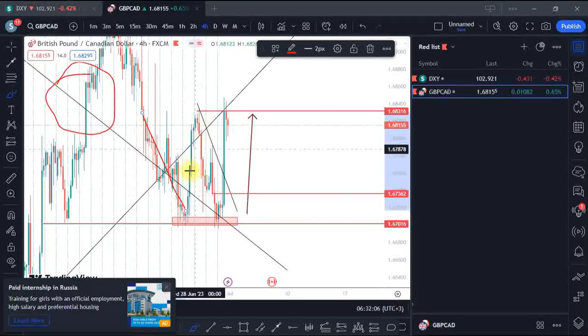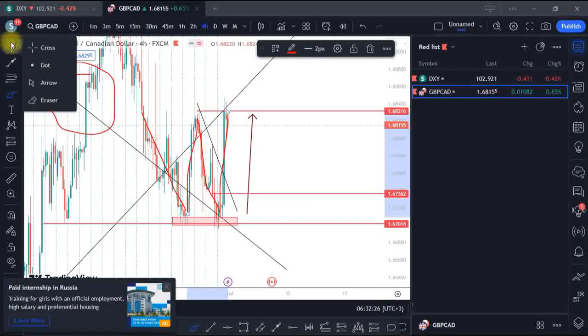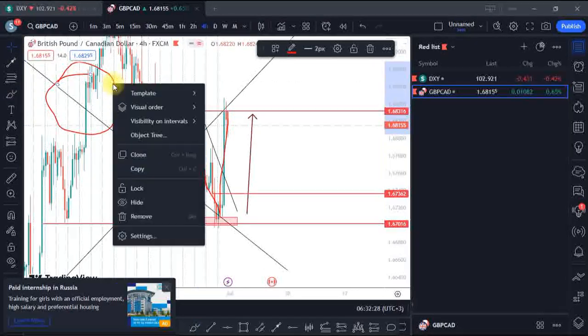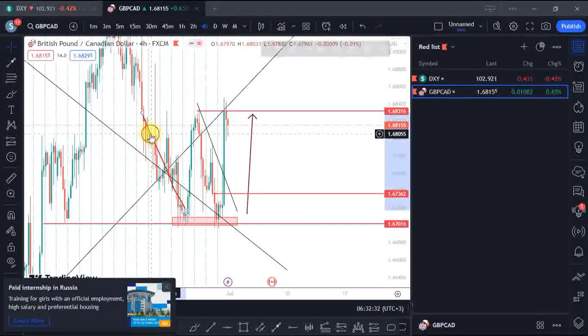So it was two major confirmations that were completed in the setup, and that's how I was able to get 124 pips, 118, 117 thereabout. So that was that.